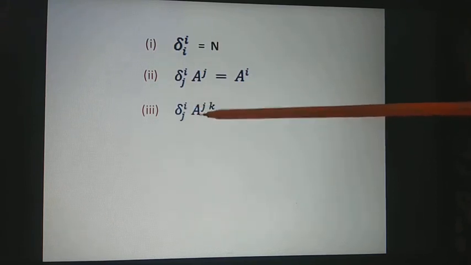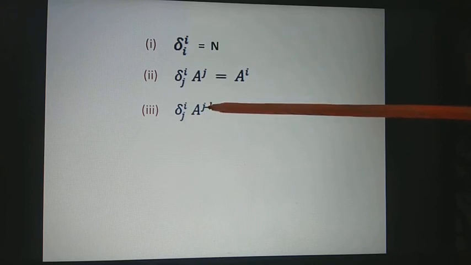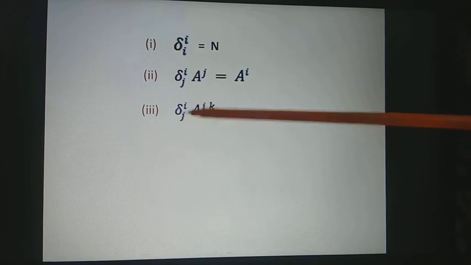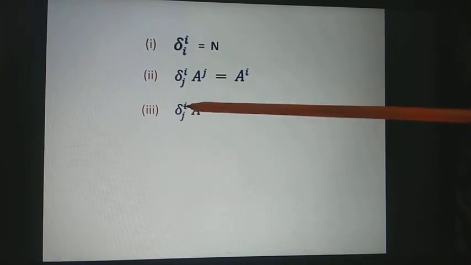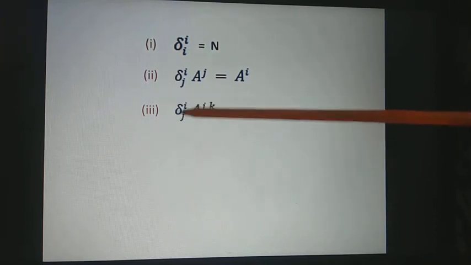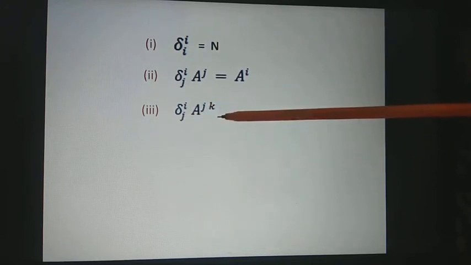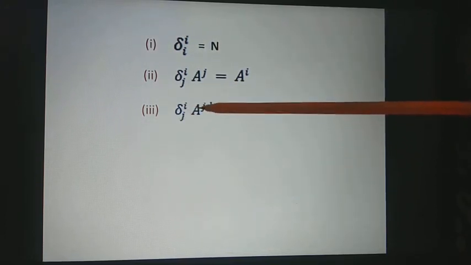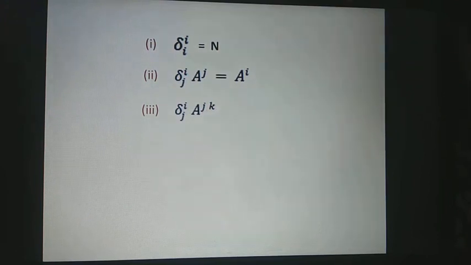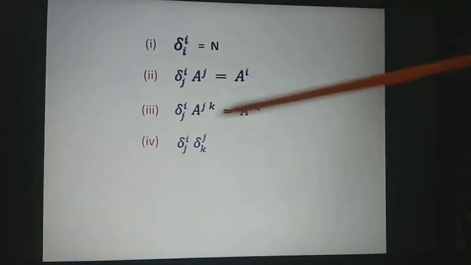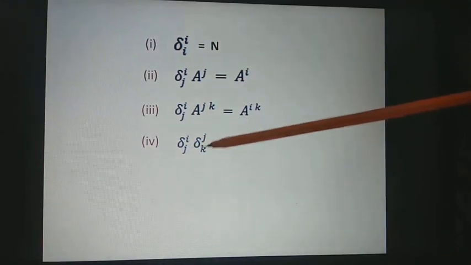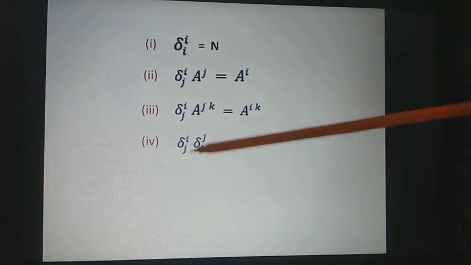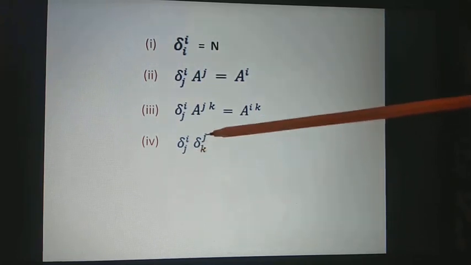Delta ij ajk. Here also j is repeated, so the sum is taken over j. So when j assumes the value i, both these suffixes will become equal, and this will become delta ii, aik. But delta ii is 1 into aik, that is equal to aik. Delta ij, delta jk, again j is repeated, so the sum is taken over j.